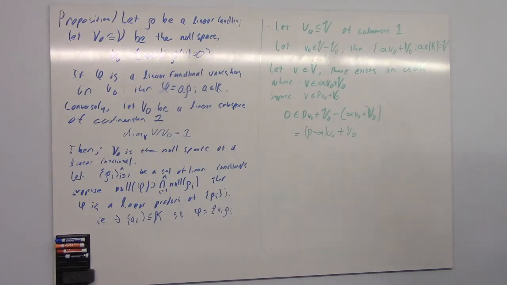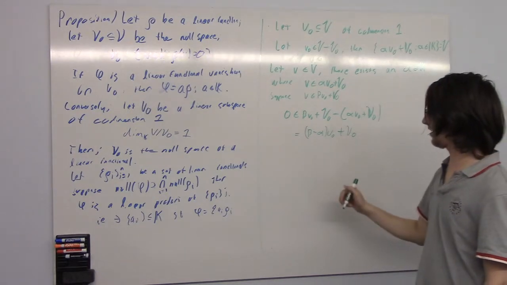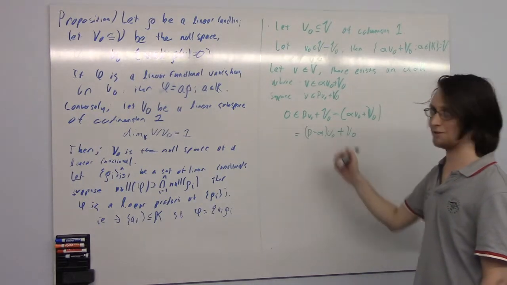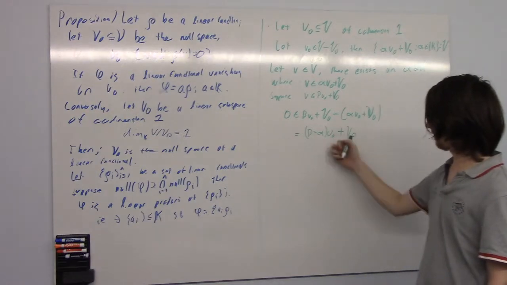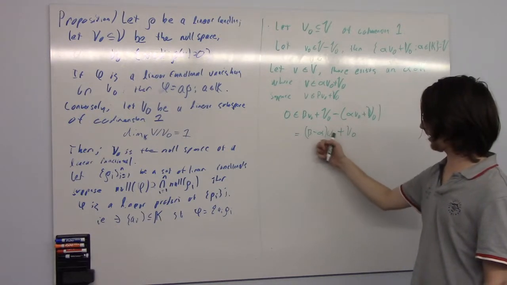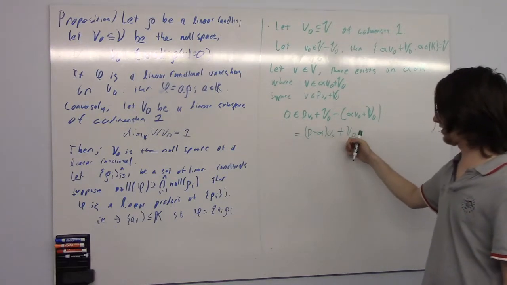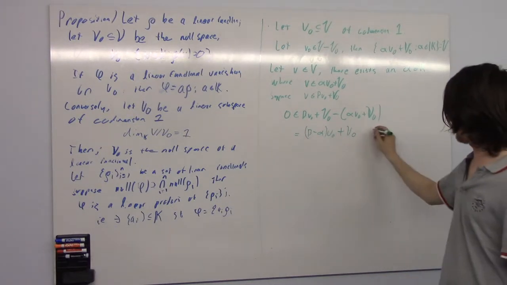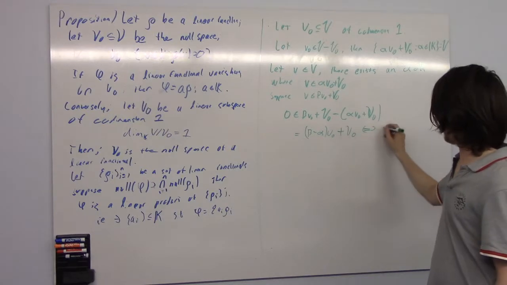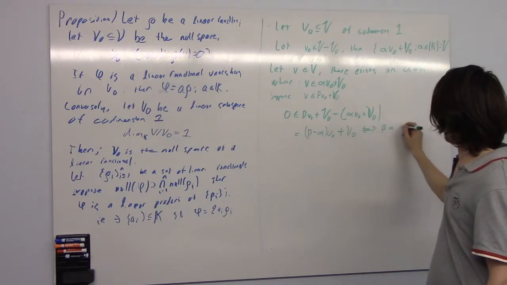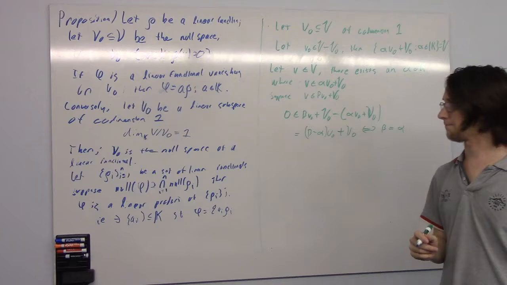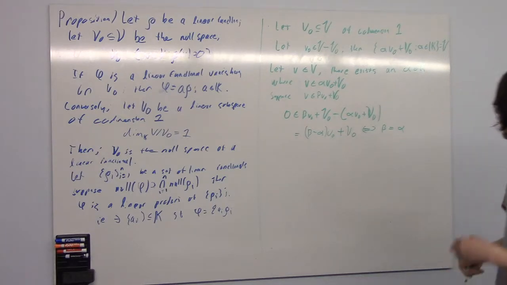Okay, so that means beta minus alpha times v naught is in V naught. This is if and only if beta equals alpha. So we know this alpha up here was unique.